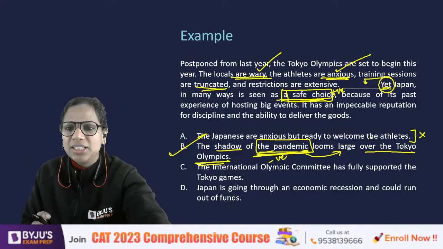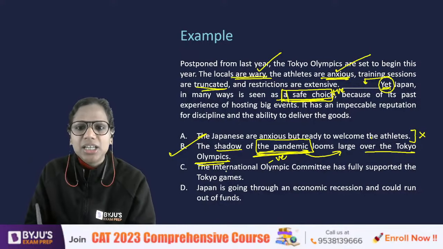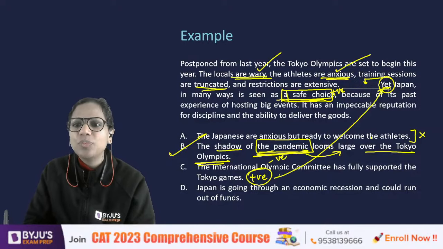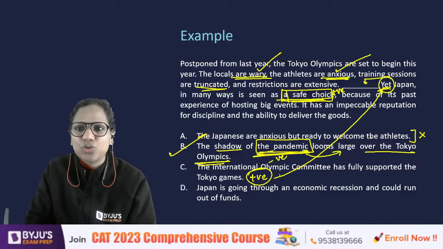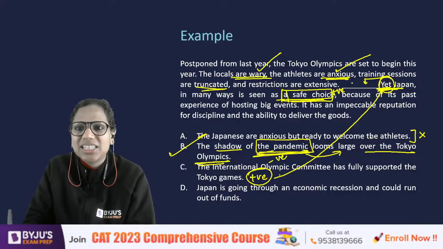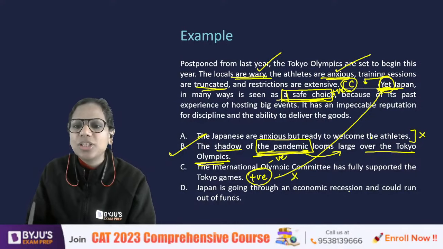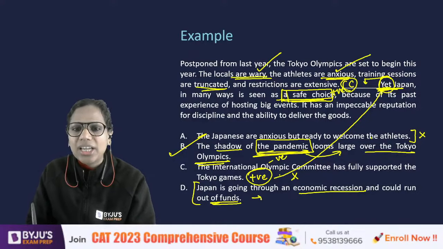Those who said B. Now let's look at C and D. The International Olympic Committee has fully supported the Tokyo Games. That's a positive thing, right? Then why the yet? This could probably be a reason why the International Olympic Committee has supported that, okay, Japan is a safe choice. It's not a contrast then if you're placing C here. No. Japan is going through an economic recession and could run out of funds. Why the economic discussion suddenly?